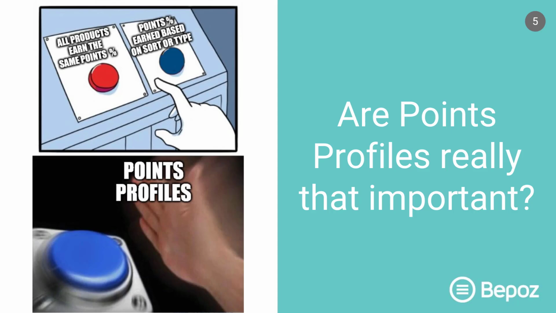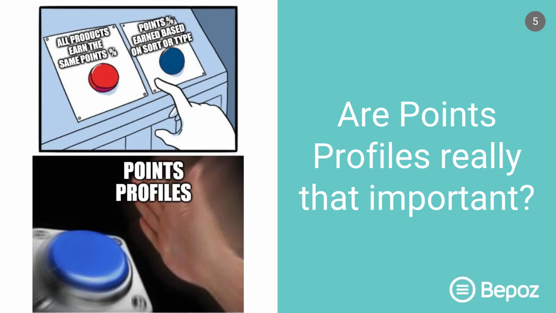Now, as mentioned, points profiles can then be allocated to accounts and to tills, again, separately for earning and redemption, which means that if we really want to get specific, some products can earn points at one rate, but then require a different rate for redemption, and can all be different from other products, since, as I mentioned, these are set per sort or type. Now, assigning these points profiles at the till level means that even within the same store, we could have certain tills that earn and redeem different points rates.